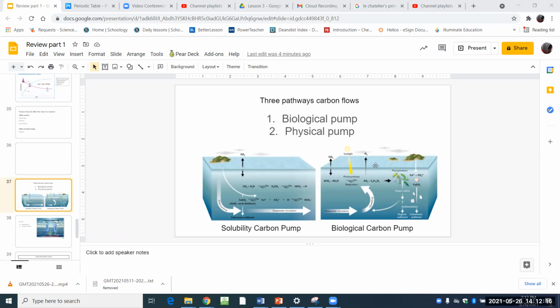There are two ways. One is the physical way, where there's passive diffusion or exchange of carbon dioxide between the atmosphere and the ocean. And here you have a biological pathway where carbon dioxide gets absorbed by organisms called phytoplankton. Those phytoplankton eventually get eaten by bigger things, zooplankton, and those zooplankton eventually get eaten by something bigger.